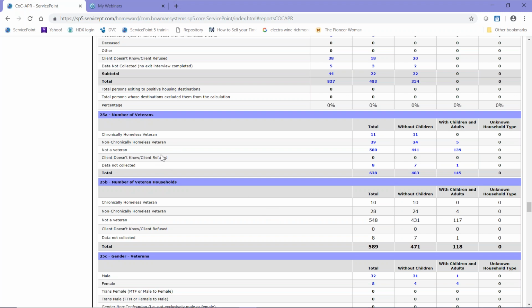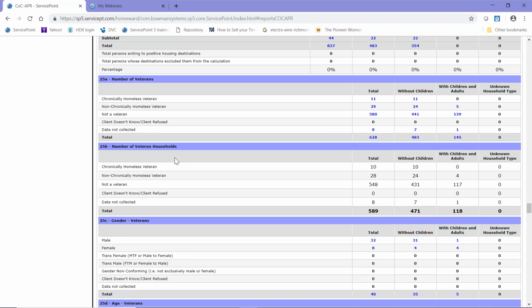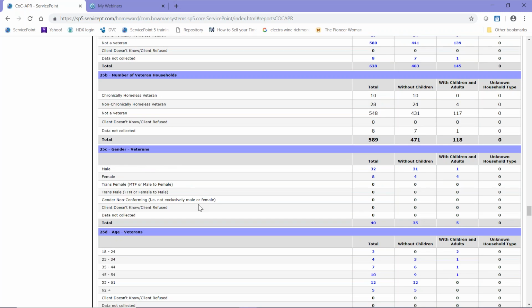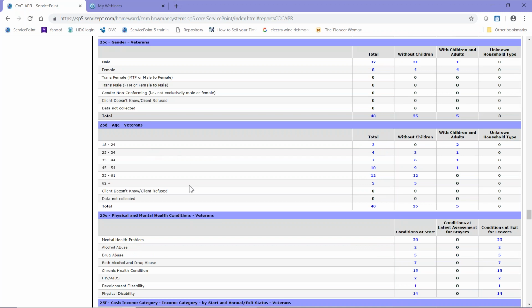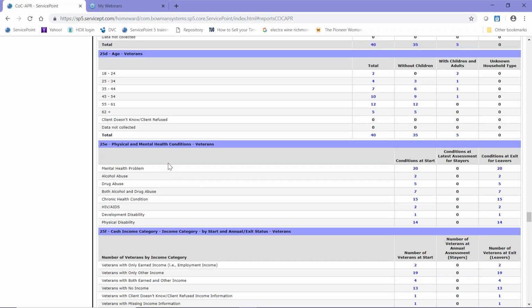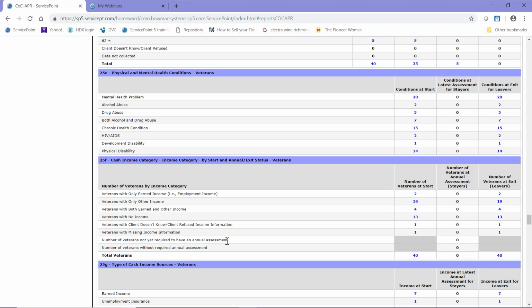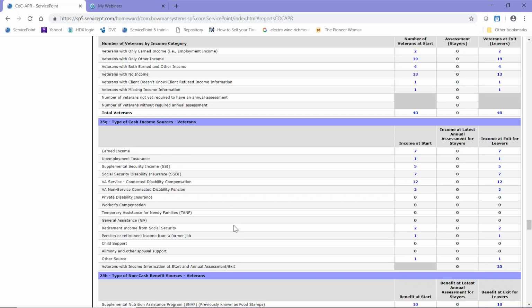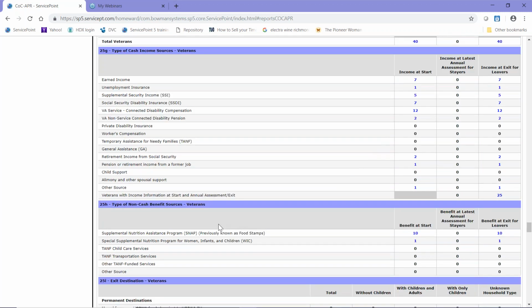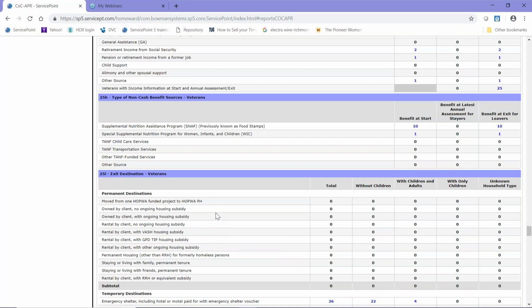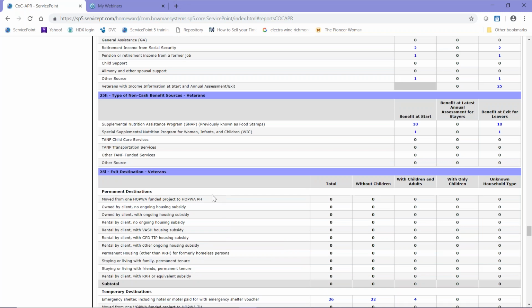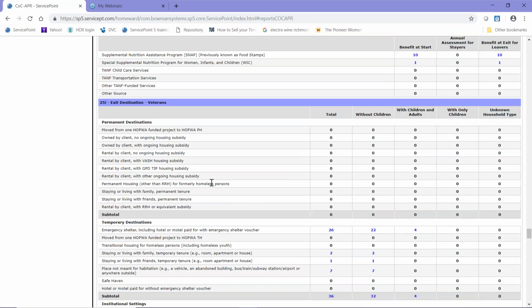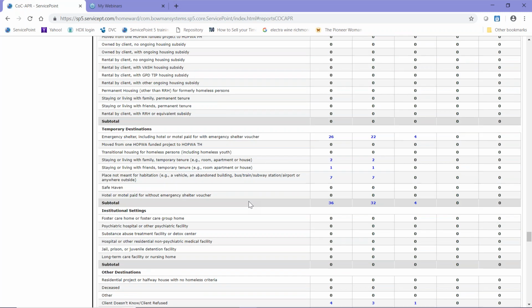So we have number of veterans, number of veteran households, gender of our veterans, age of our veterans, disability conditions of our veterans, cash income at start, assessment, and exit for our veterans, income types for our veterans, non-cash benefits for our veterans, and then exit destinations of just our veterans.